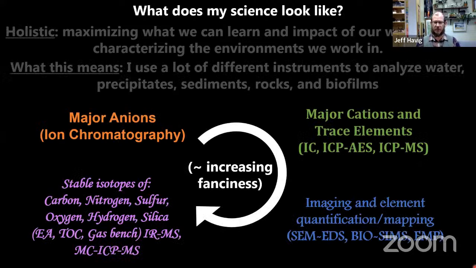So in terms of major anions, ion chromatography, major cations, trace elements, ICP-AES, ICP-MS, and on to imaging and elemental mapping, quantification methods, and then lots of stable isotope methods as well, just to give you an idea of the types of techniques that I often use.